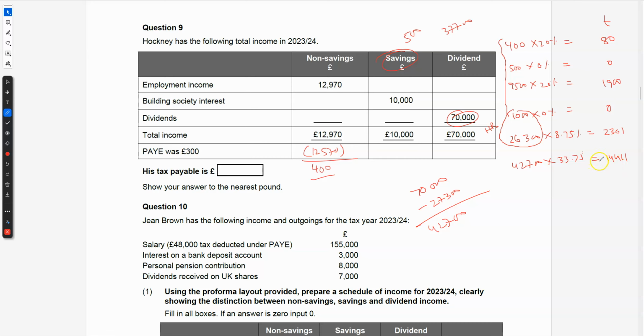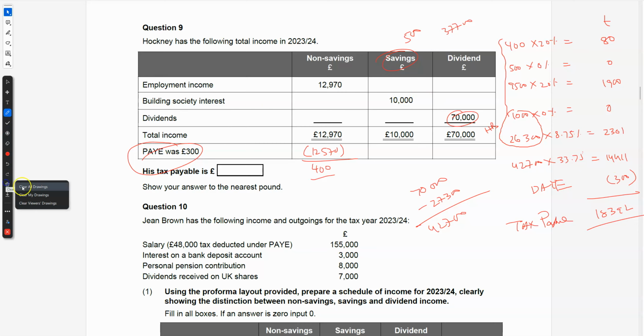And from there we need to see is there any tax already paid. So the PAYE paid 300, so minus the PAYE 300. Then we'll see how much tax is payable. So tax payable 18,392, and that's it.